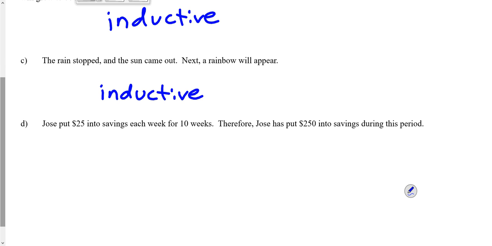And therefore, it's saying, therefore, Jose has put $250 into savings during this period. Facts. If he put in 25 each week for 10 weeks, he has put in $250 for that period. That is deductive reasoning.